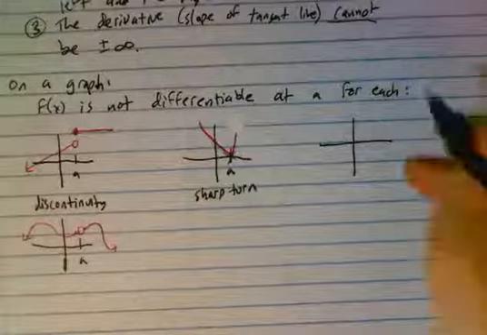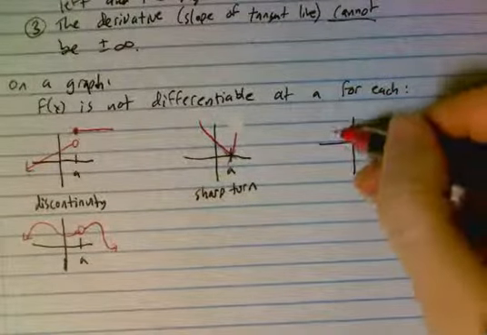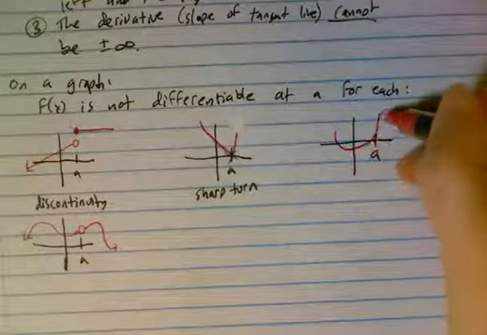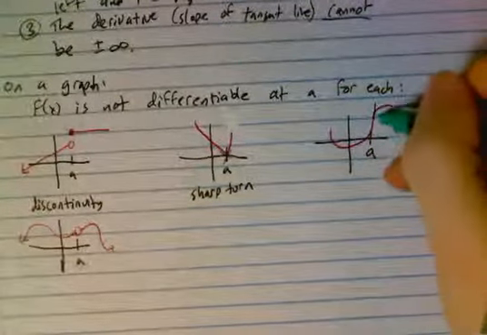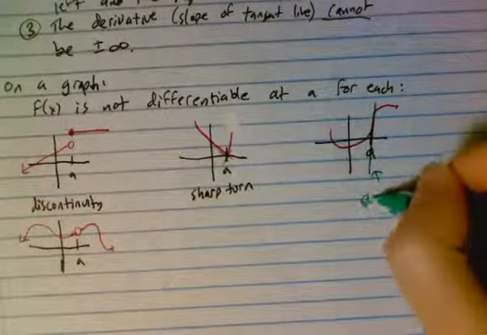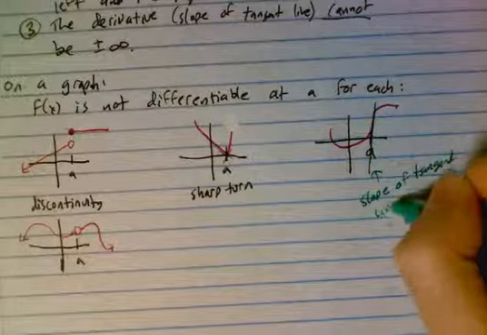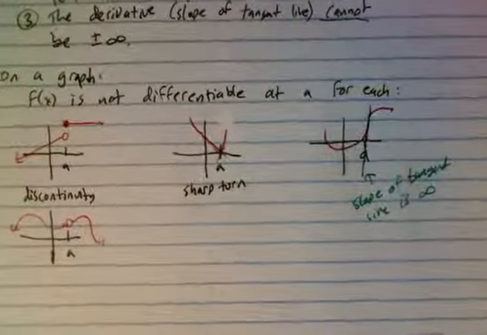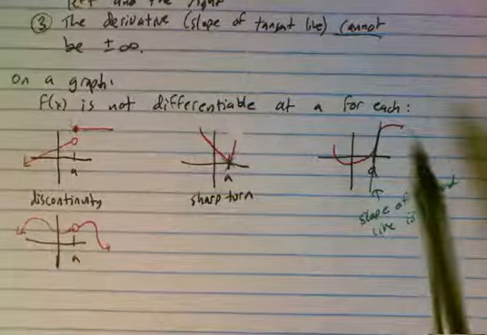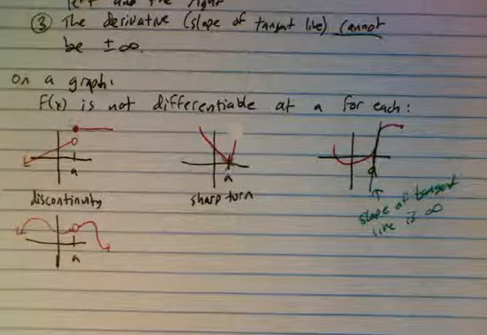The final non-differentiable point at A is this one. Here, slope of the tangent line is infinity. And the reason this is a problem really is because this infinitely sloping upward tangent line, it's really caused by a rise over run where the run is 0.